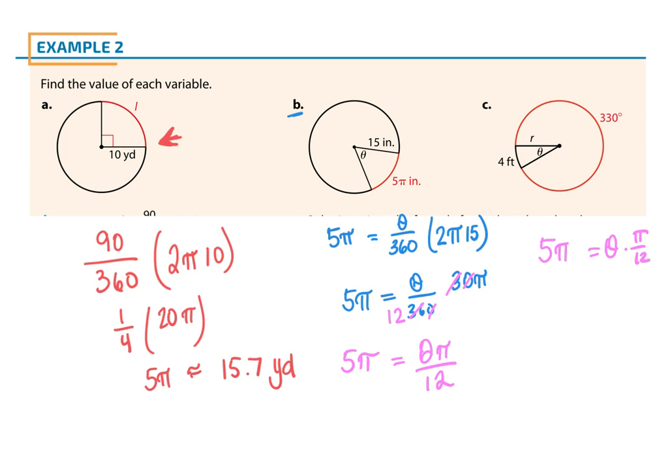Multiply by the reciprocal. Yes, 12 over pi times 12 over pi. What cancels here? My pi cancels. 5 times 12 is 60, that is my theta. This is a 60-degree angle.